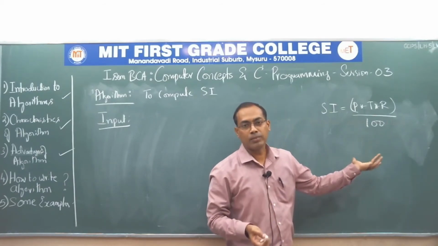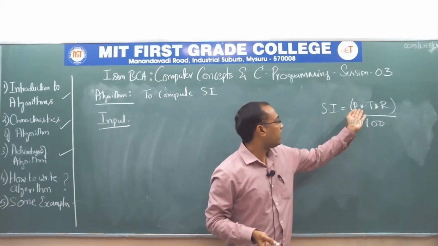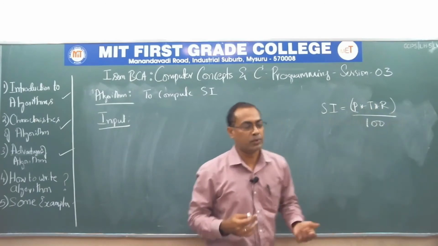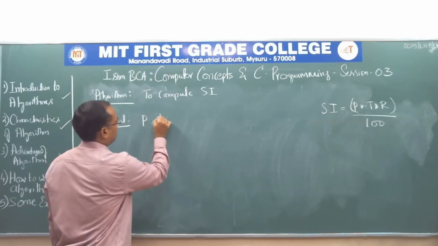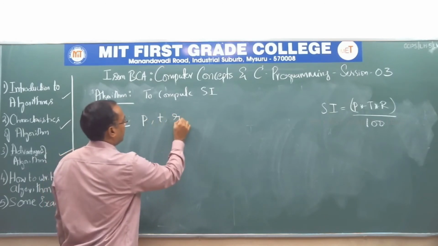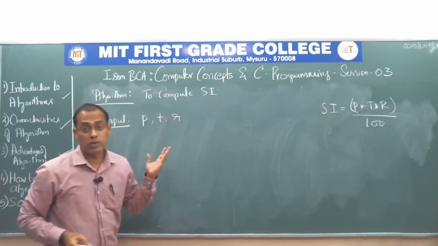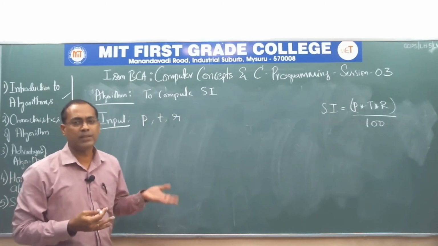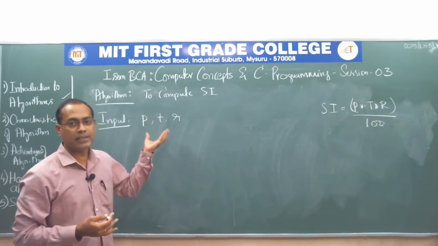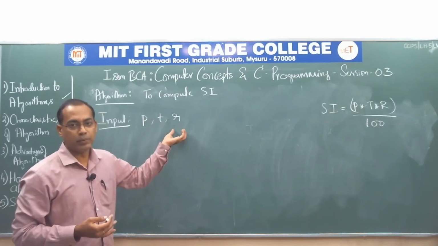Obviously 100 cannot be input because it is a constant. So P, T and R are the inputs. R can also be defined as rate of interest, 10%, 5%, whatever it is, but I will consider this as input.